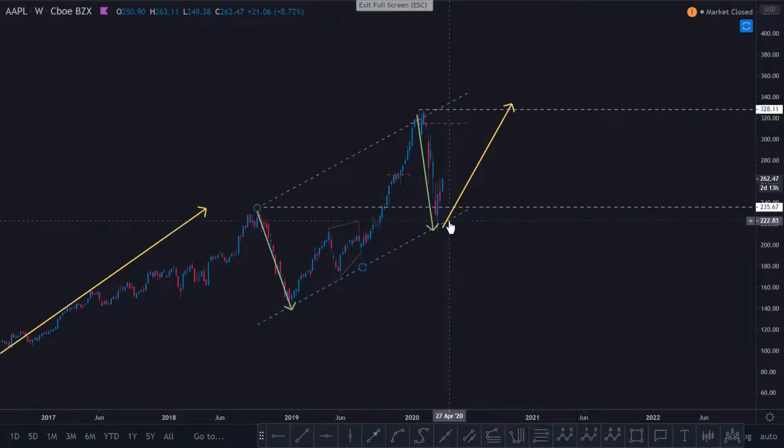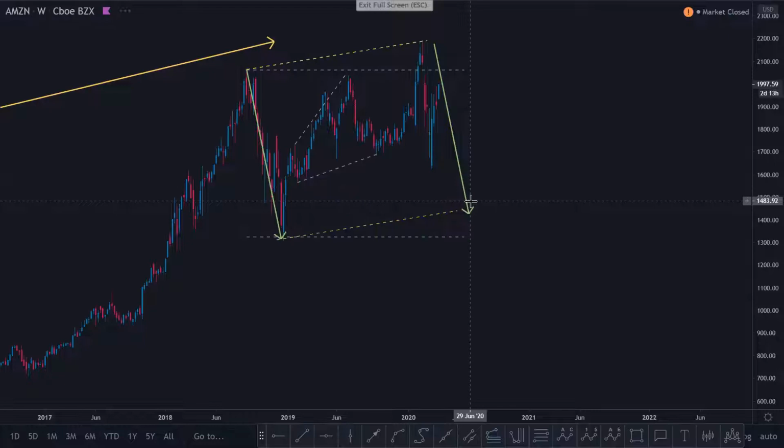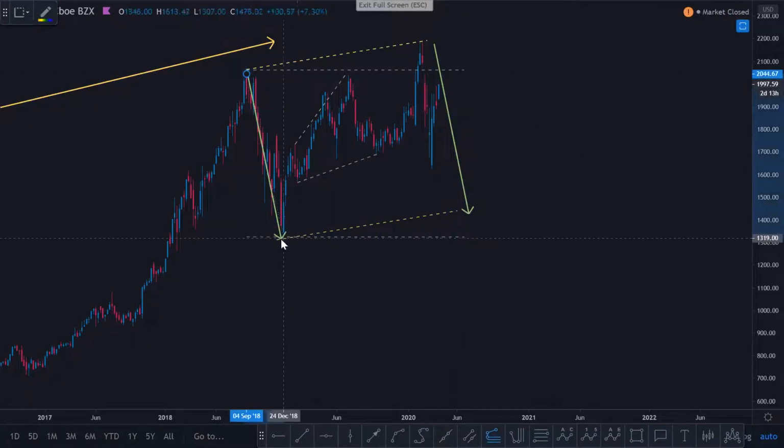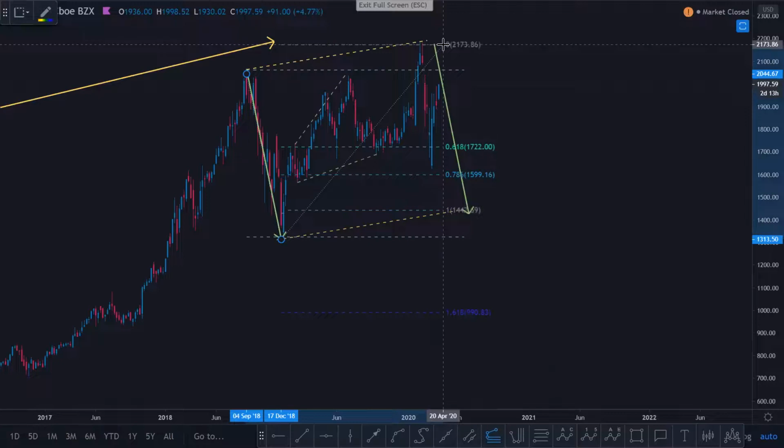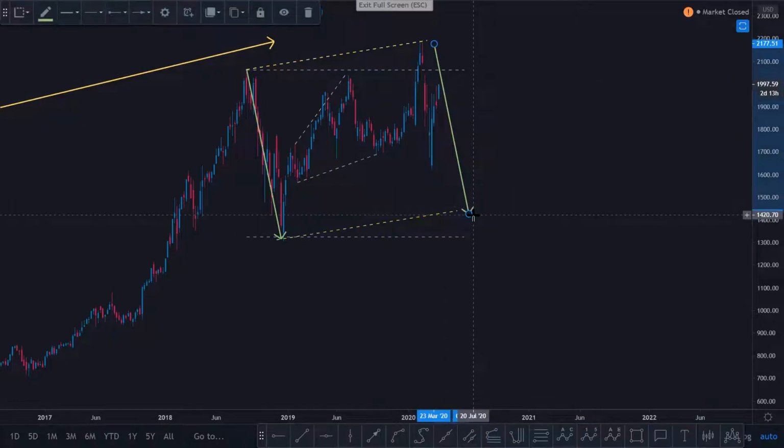And the same thing with Amazon. Amazon was a little bit different using the Fibonacci extension. The C wave has turned into a 0.618, but same structure: corrective impulse, corrective price action in the middle, impulse to the downside.